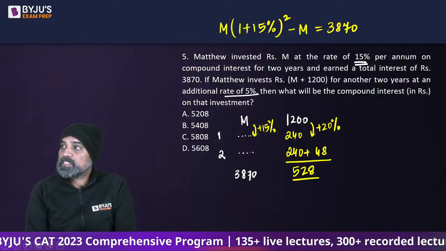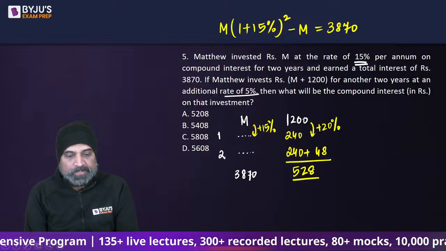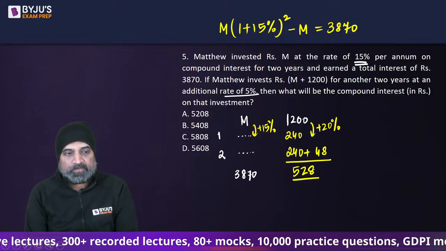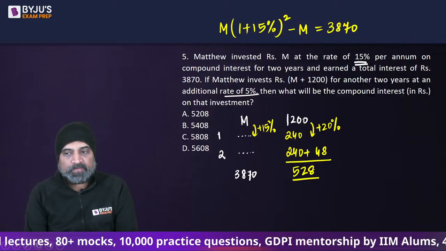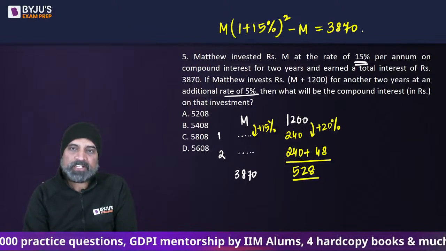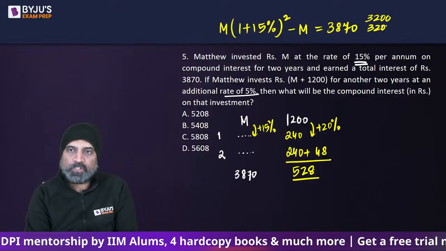So 15%. How can we break down 3,870 for 2 years?